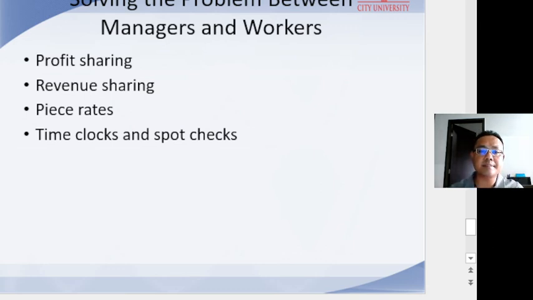So revenue sharing is particularly effective when worker productivity is related to revenue rather than cost. For example, a restaurant manager can design a contract whereby a server can get some fraction of a tip, and the tip is presumed to be an increasing function of service quality or productivity.